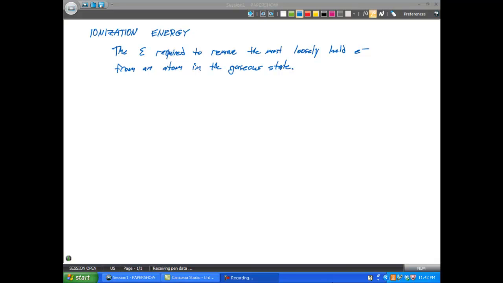So if we look at a particular ionization energy, the number of ionizations we can have is actually equal to the number of electrons a particular species has. So if we look at magnesium in its gaseous state, it can become magnesium plus 1 electron. It's going to require an amount of energy to do that.